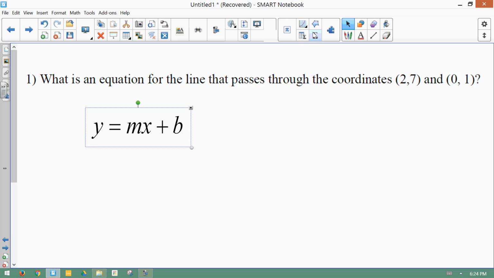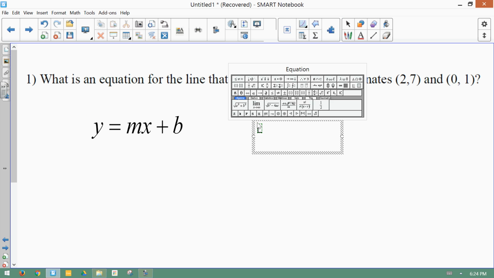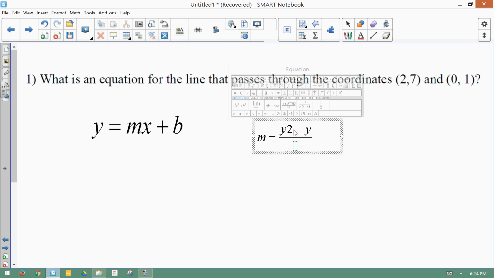Let's figure out what m is, and you remember the equation for a slope. m is equal to the fraction y2 minus y1 over x2 minus x1.